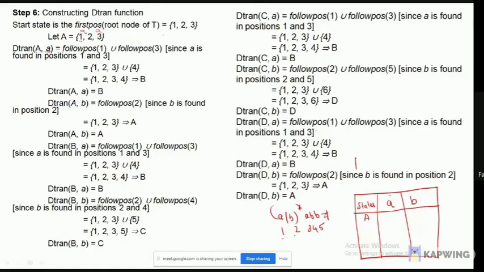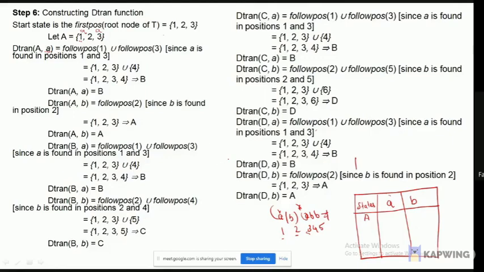So now I'm going to process 1, 2, and 3. Out of these 3, as we are processing the transition on a, 1 and 3 have the symbol a. So I'm taking the follow position of 1 and follow position of 3 alone.